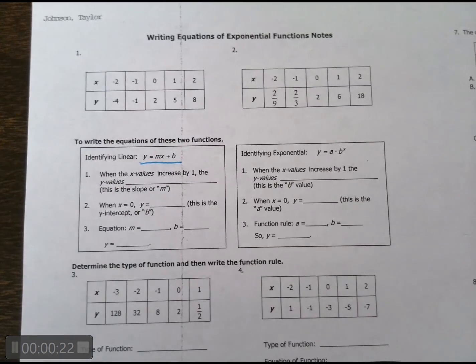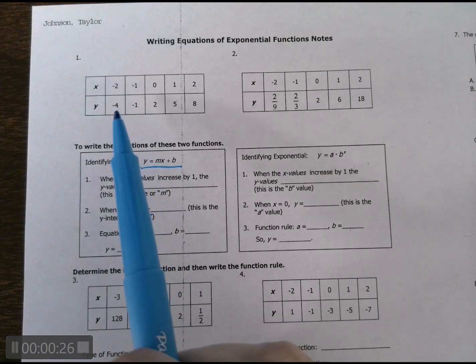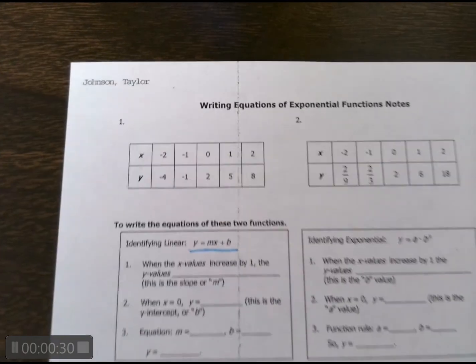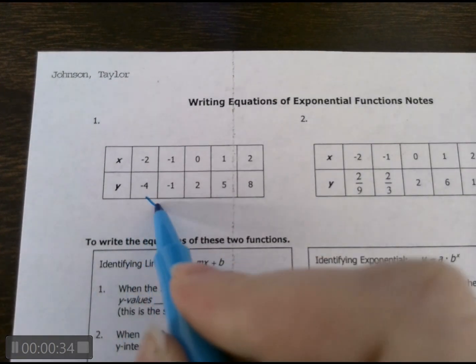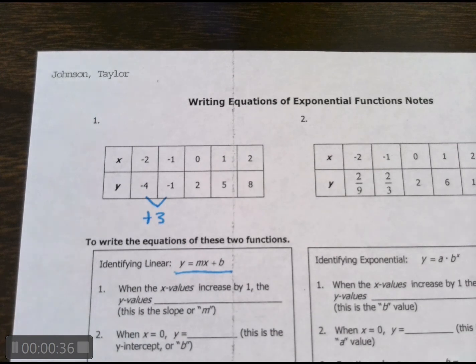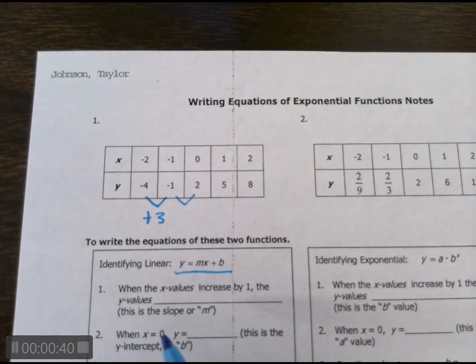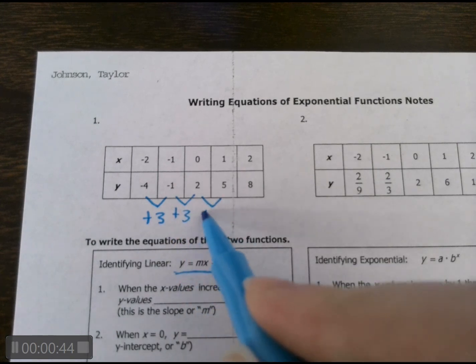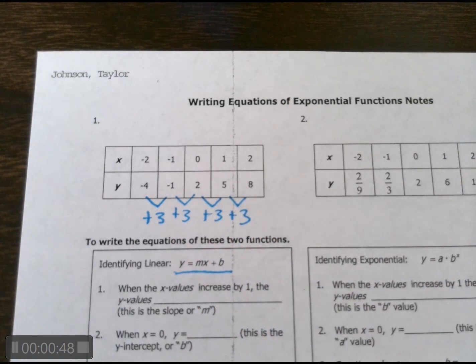Okay, so we are going to look at number 1, and you guys are going to tell me how we get from -4 to -1. Alright, so as we go from -4 to -1, we are going to add 3. And then -1 to +2, we add 3. 2 to 5, we add 3. 5 to 8, we add 3.